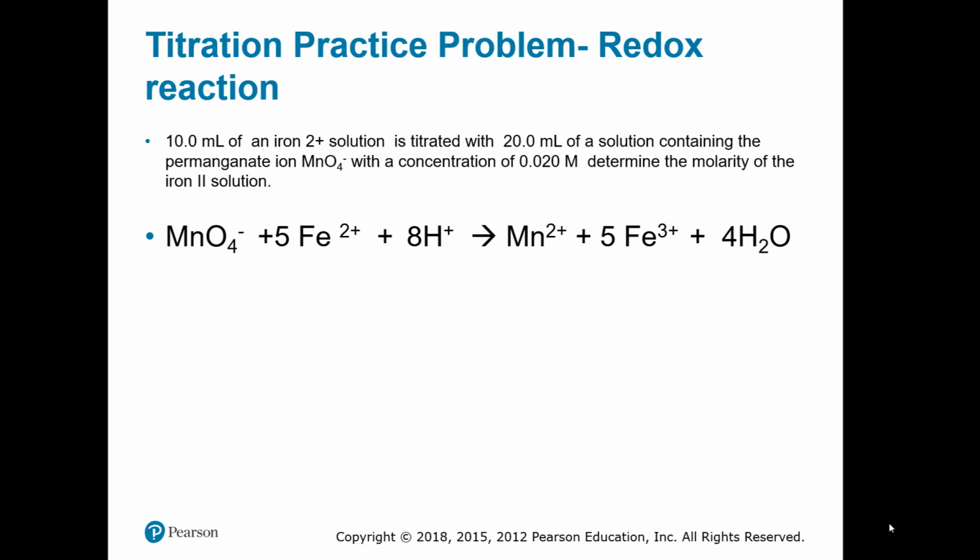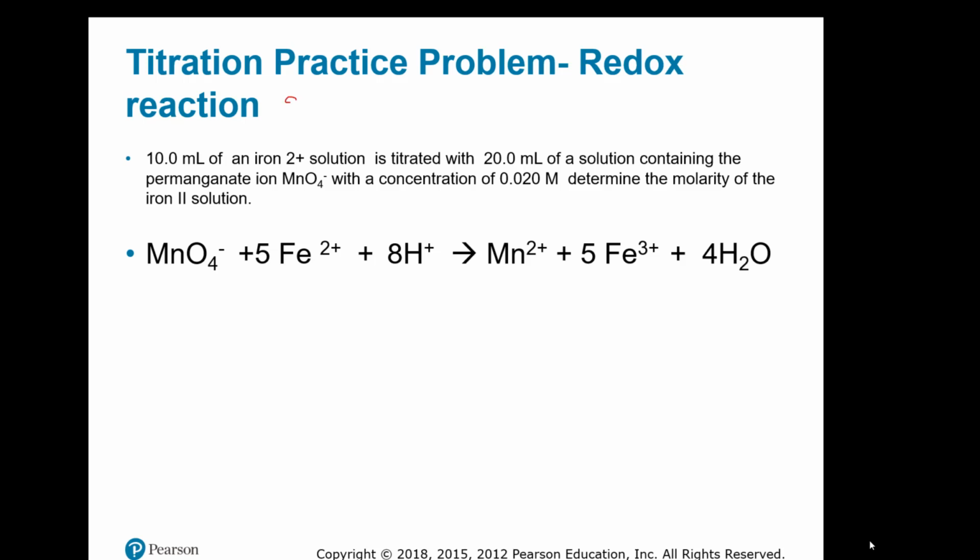And the balanced equation for this reaction is 1 mole of the permanganate ion reacts with 5 moles of the iron 2+ ion and 8 moles of H+ ions. And this forms the manganese 2+ ion, 5 iron 3+ ions, and 4 water molecules.